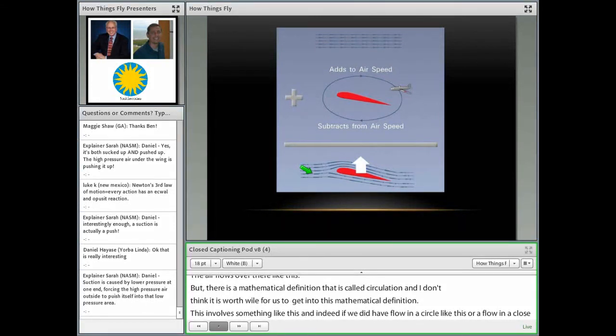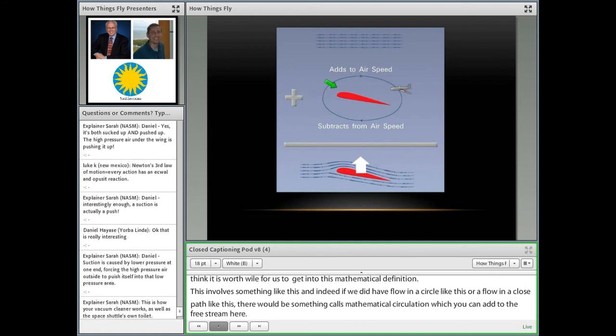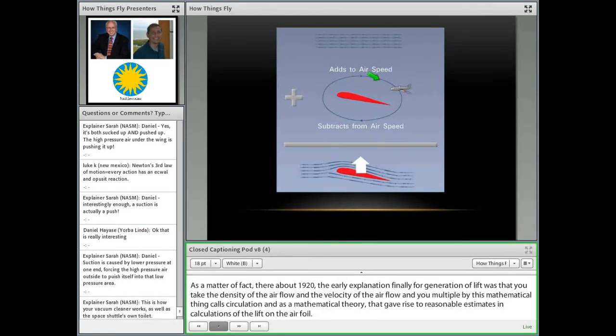As a matter of fact, back about 1920, the early explanation finally for generation of lift was that you take the density of the airflow, the velocity of the airflow, and you multiply that by this mathematical thing called circulation. And as a mathematical theory, that gave rise to reasonable estimates and calculations of the lift on the airfoil. However, the misconception is the idea that with the circulation, the flow circles around the airfoil. That's not true. It doesn't do that.